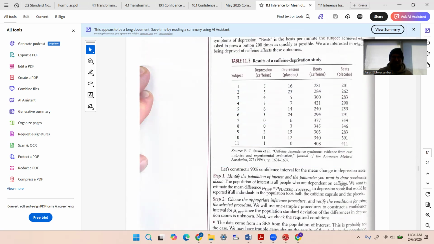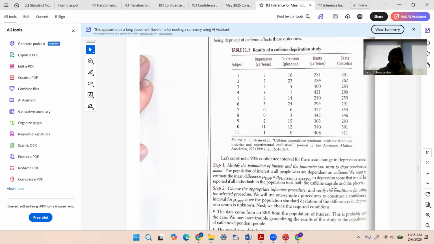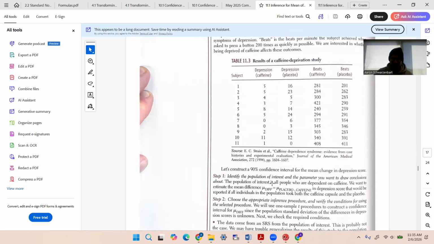It's not the general population, it's people with caffeine dependence and what happens to them if they're deprived of caffeine. So they were given either a caffeine pill or a placebo pill and not allowed to drink any other caffeine. So we're going to choose the appropriate inference procedures and verify the conditions.